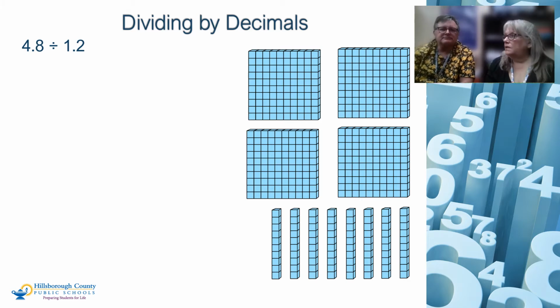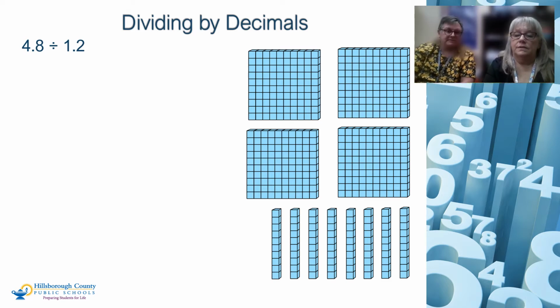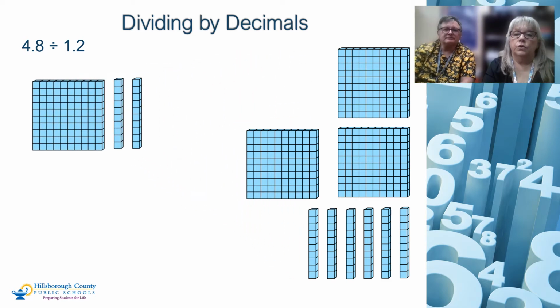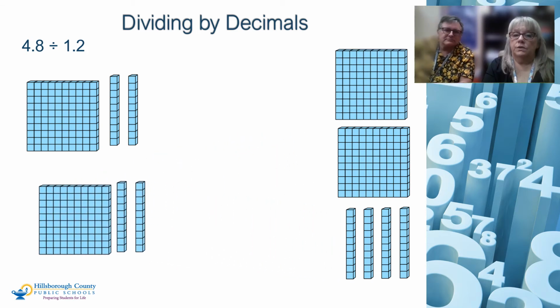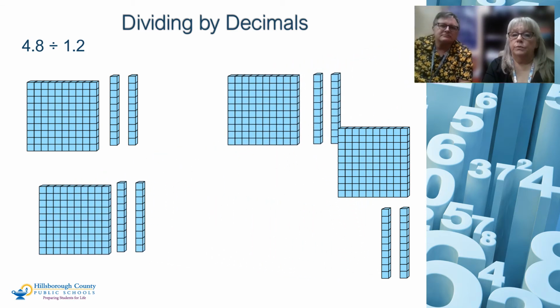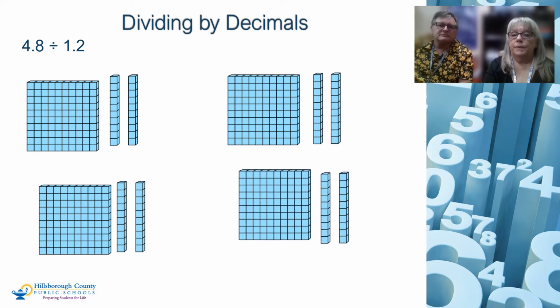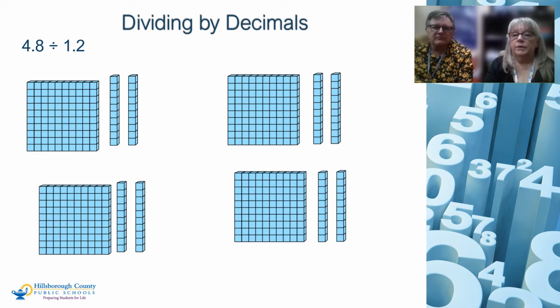So I want to divide this into groups of 1 2/10. Yes, so here's one group of 1 2/10, two groups of 1 2/10, three groups of 1 2/10, and four groups of 1 2/10. So my quotient would be? It would be 4, because I have 4 of those groups.